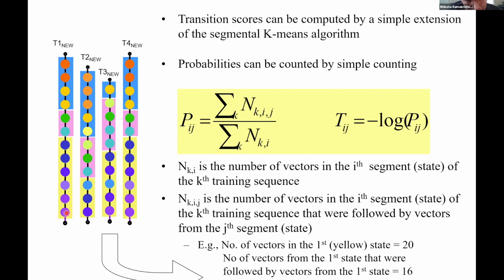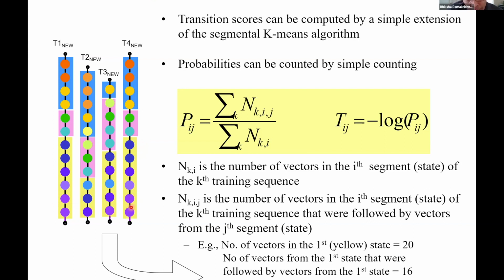Look at this. When I did my alignment, the first training instance had 6 vectors within the yellow segment. The second one had 3. The third one had 5. The fourth one had 5. The fifth one had 6.